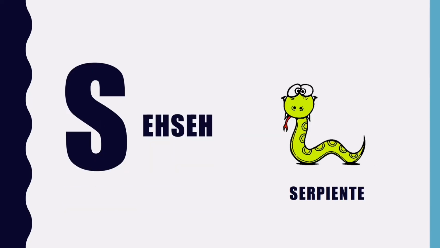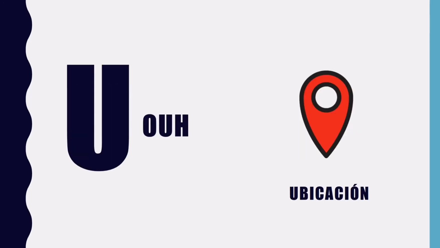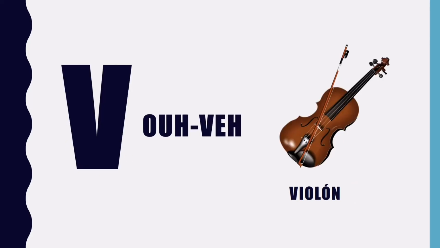You say carro. You put a little bit of emphasis on this letter. Now the letter S is ese, like serpiente. The letter T is te, like taza. The letter U is U, such as ubicación. The letter V is pronounced V, like violón.